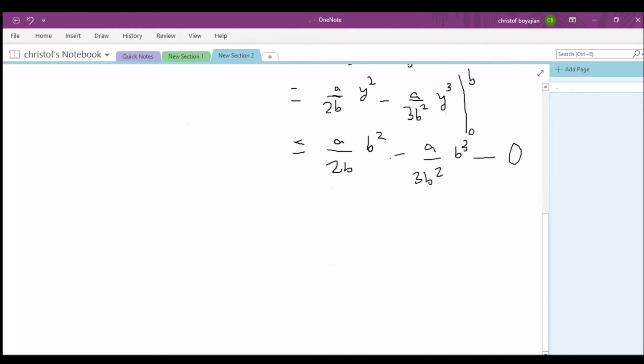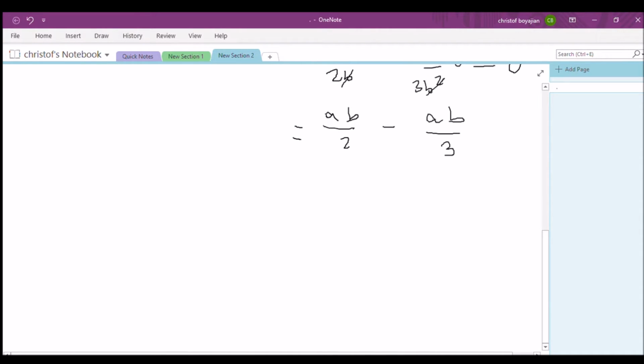Okay, so let's actually simplify this a little bit because we can. Now we can get rid of like terms here. So b squared, and then we have b squared over here. We can get rid of this. So to simplify, this should be ab over 2 minus ab over 3. Okay? All right, so now we can simplify this even more.